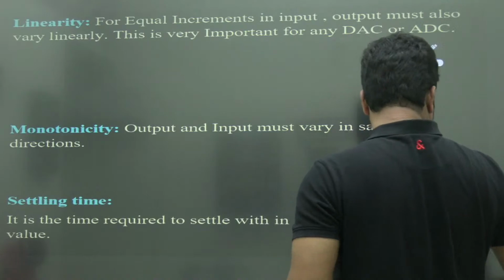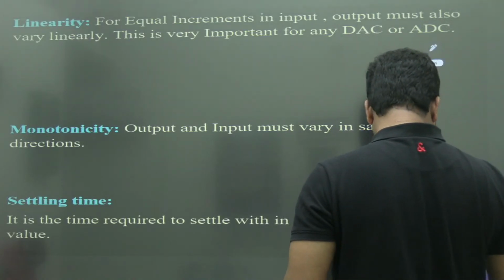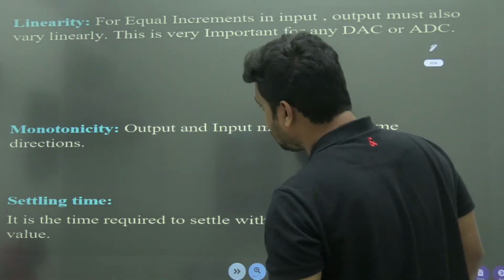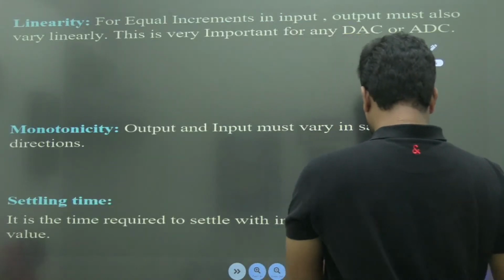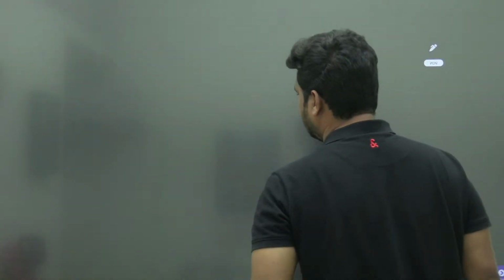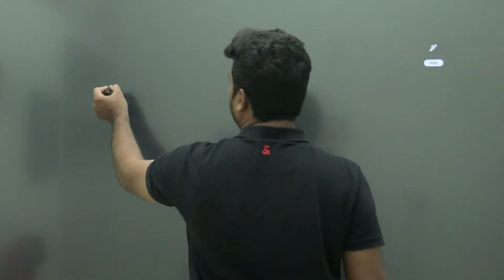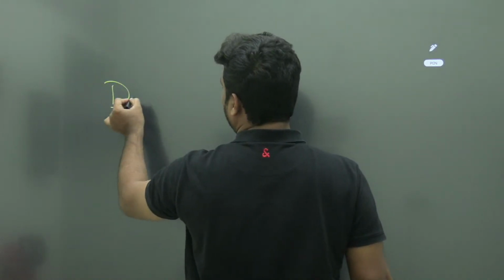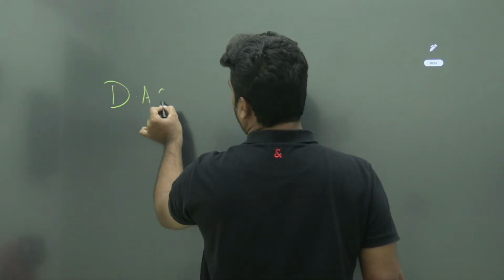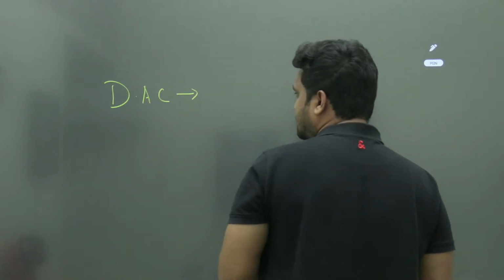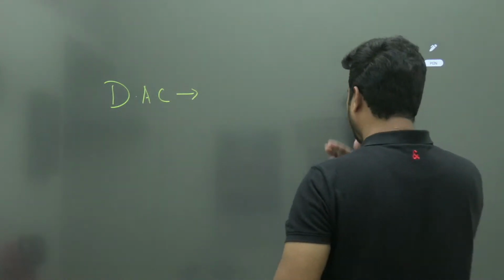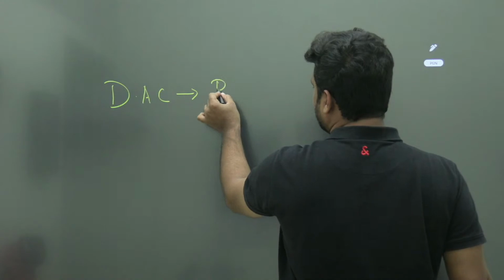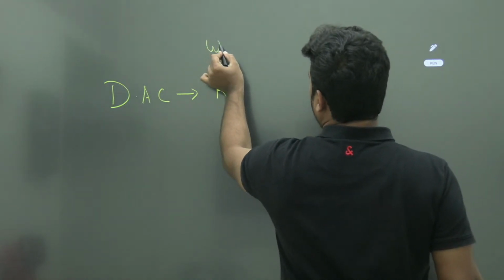So let's continue. In the DAC, we are going to discuss different types of DAC. The first one is the weighted resistor type DAC.